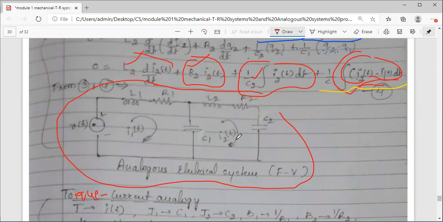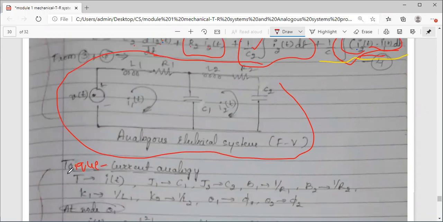First step, we will go for the listing of the analogous quantities for the torque current analogy. So I have listed it. You can verify. Torque is replaced with the analogous quantity, current, I of t. J1 is capacitance C1.